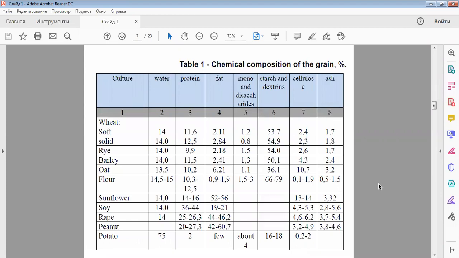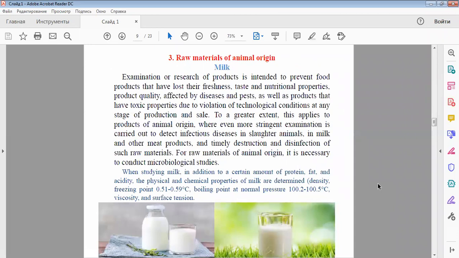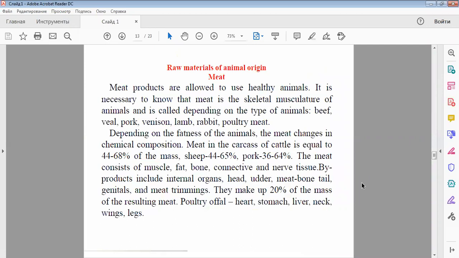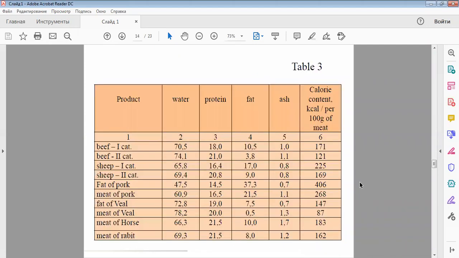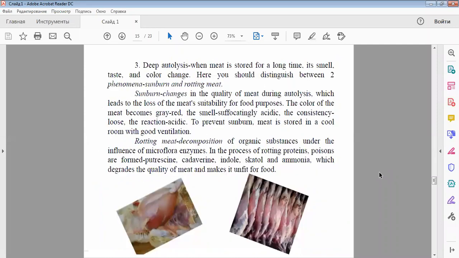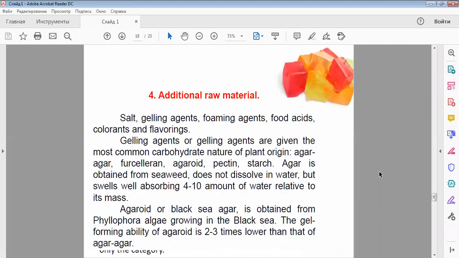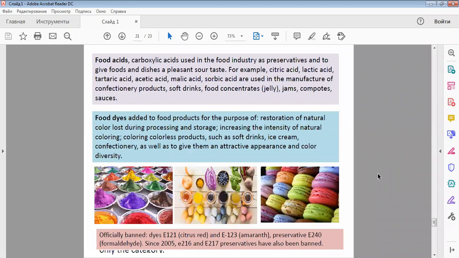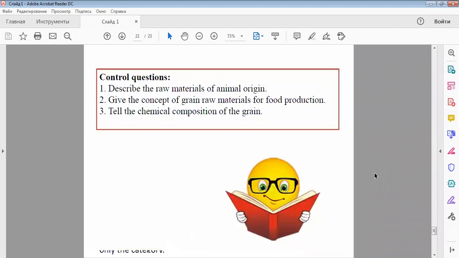I showed you the chemical composition of the grain, and I talked about milk, the chemical composition of various types of animal milk, and about the defects of milk and meat, the chemical composition of various types of animal meats, about the phases of the biochemical processes that occur in the meat after slaughter, and about eggs shortly, and the additional raw materials: pectins, gelatins, food flavorings, food acids, food dyes, and the control questions.